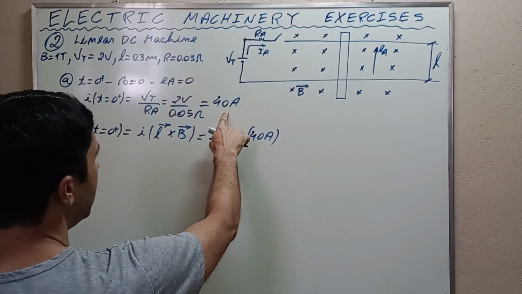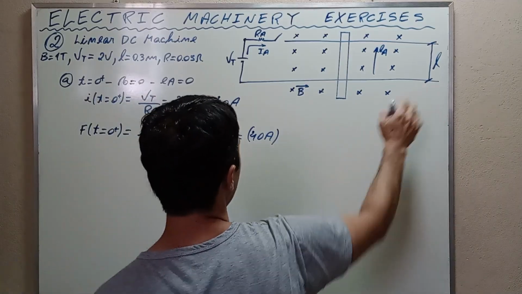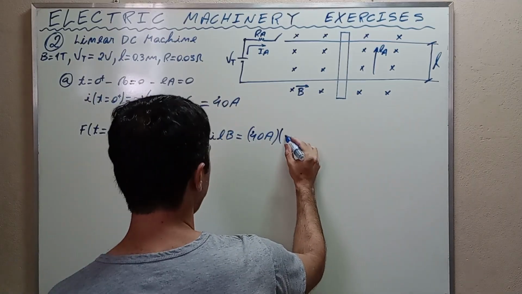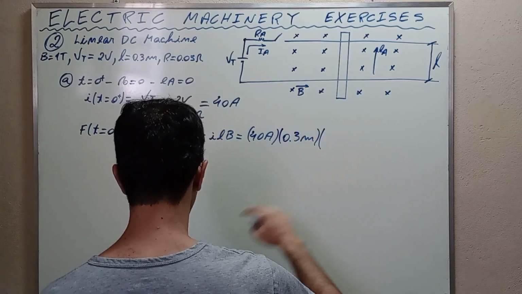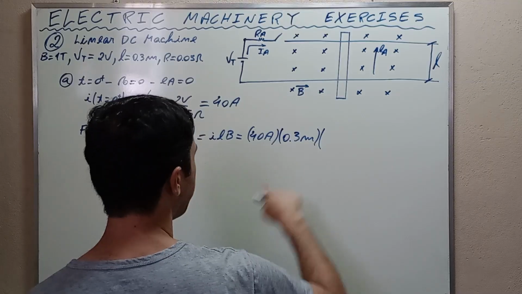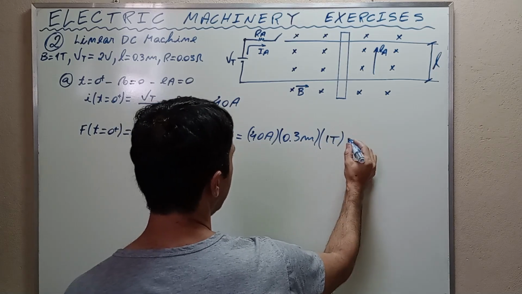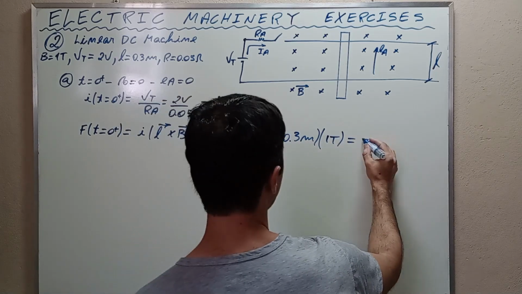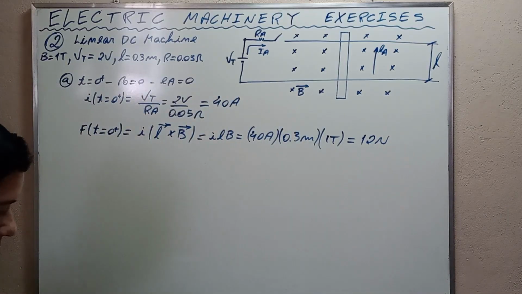We just calculated the current, 40 amps. This length here is 0.3 meters, and the magnetic flux density is 1 Tesla, and this is equal to 12 newtons. This is the force on the moving bar immediately after the switch is closed.